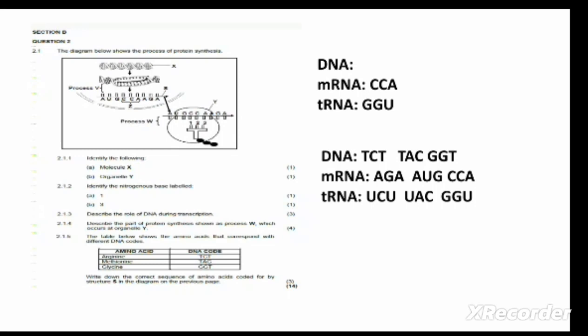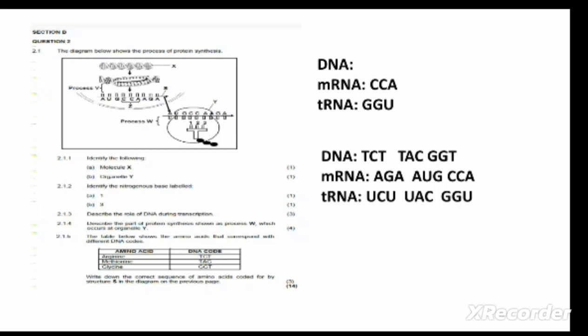So we have A pairs with U, G pairs with C, A pairs with U, A pairs with U, U pairs with A, G pairs with C, C pairs with G, C pairs with G, A pairs with U. So you need to know which amino acid comes first, which comes second, and which one comes third.